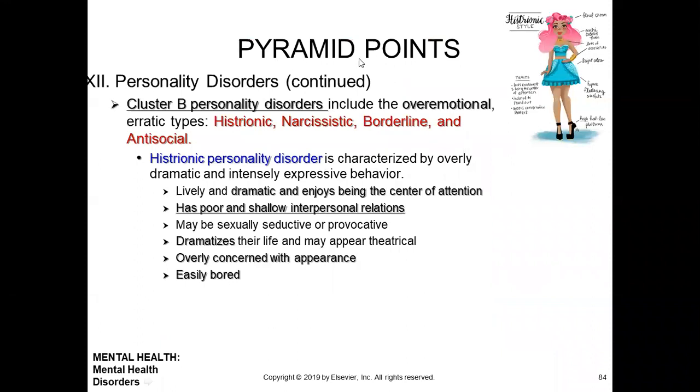Cluster B personality disorders are histrionic, narcissistic, borderline, and antisocial, right? So, in short, let me explain what is what. The first one is histrionic, we said.